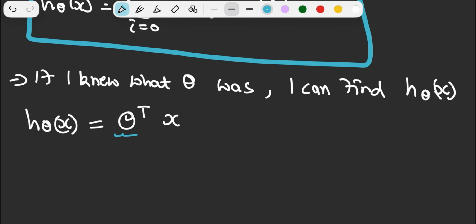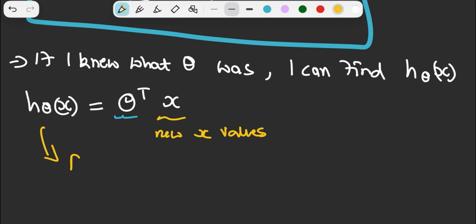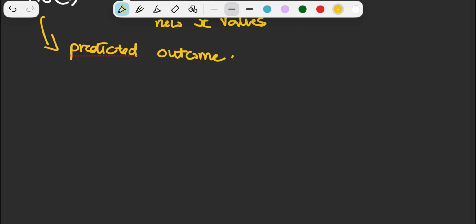If I find out what the value of theta is, and I give you new x values, so new input variables, like a new age, a new parent height, things that you hadn't seen before, you should be able to get an h theta of x, which is basically what you call a predicted outcome.